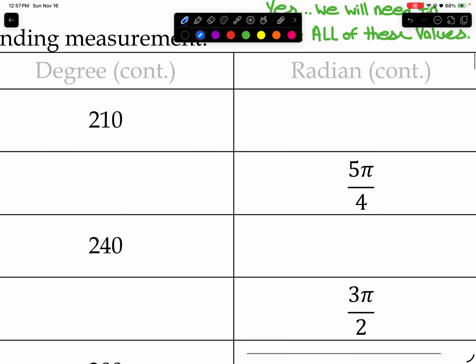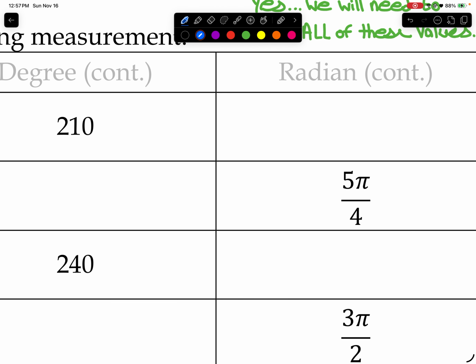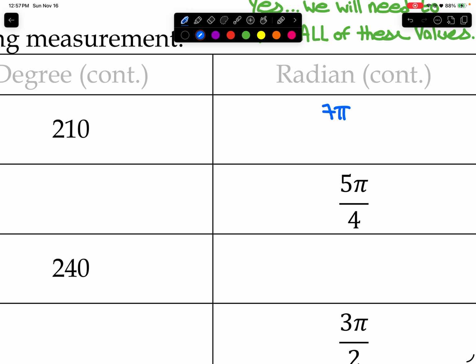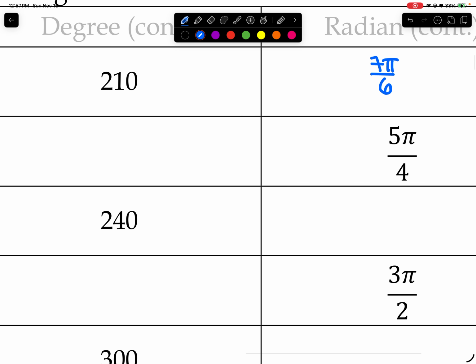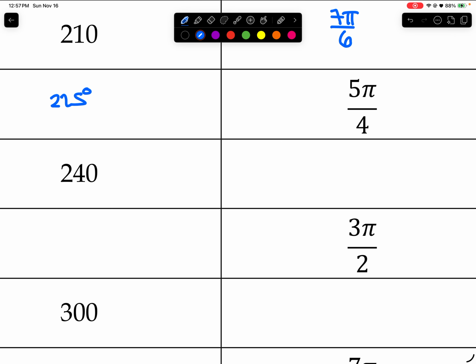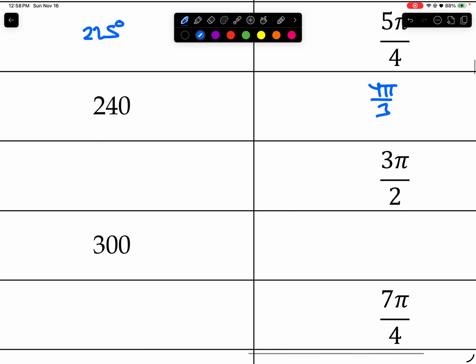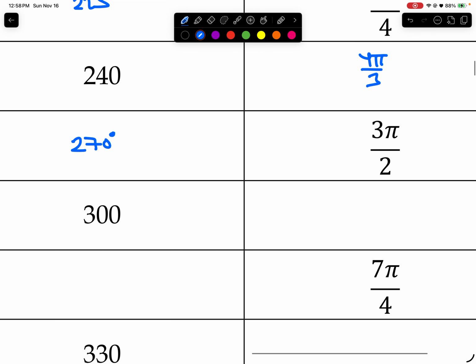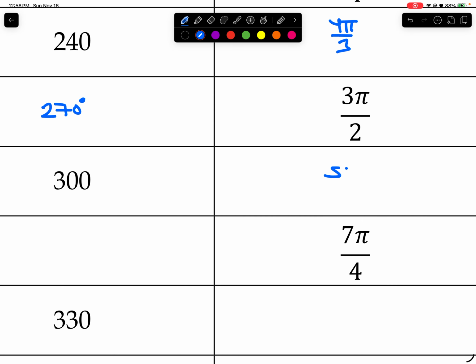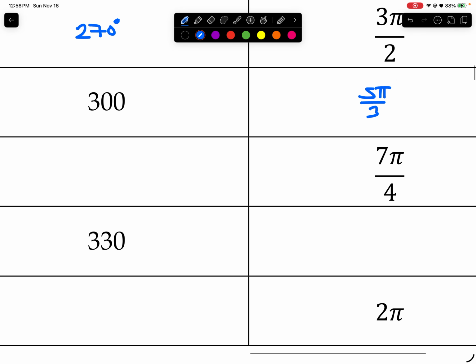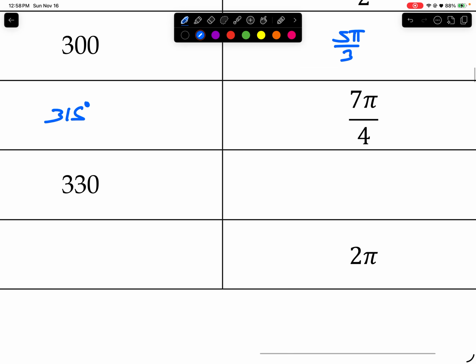Okay, and then we're just going to continue. We're going to do a bunch more. So 210 degrees is going to be the same as 7 pi over 6. 5 pi over 4 radians is going to be the same as 225 degrees. 240 degrees is going to be the same as 4 pi over 3 radians. 3 pi over 2 radians is the same as 270 degrees. 300 degrees is going to be the same as 5 pi over 3 radians. 7 pi over 4 radians is going to be the same as 315 degrees. 330 degrees is going to be the same as 11 pi over 6 radians.